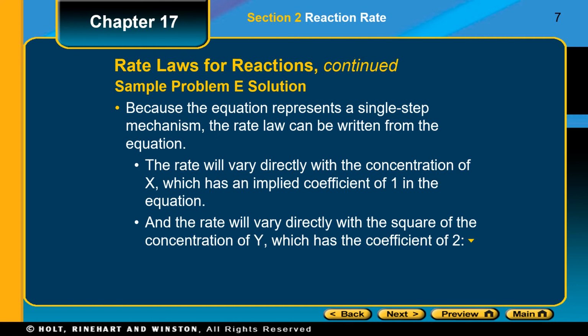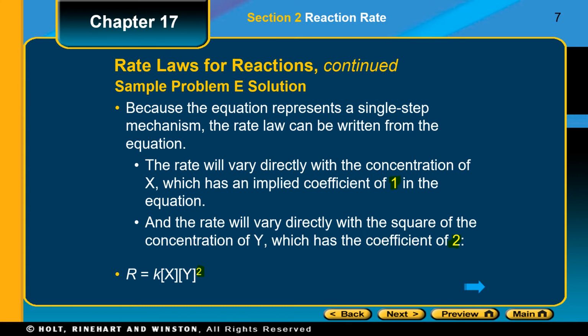Okay, so we now have our exponents, so we're going to have R equals K times X, and right here is an understood 1 at that spot. And then for the Y, we had a coefficient of 2, so we are going to have an exponent of 2 here. So this is our rate law right here: R equals K times X times Y squared.